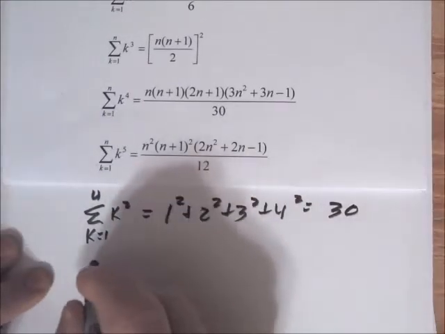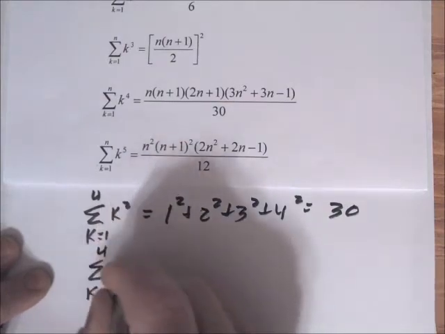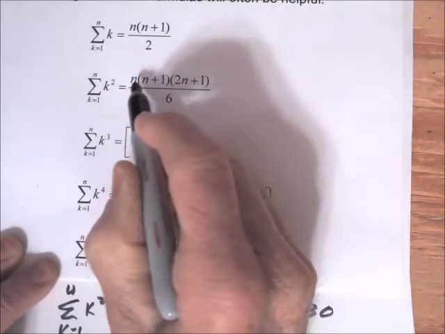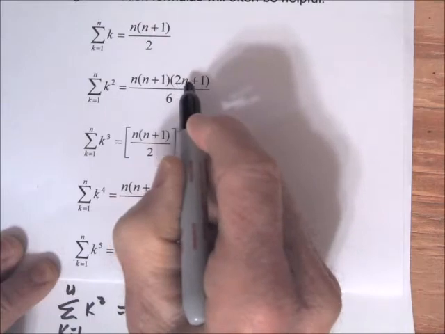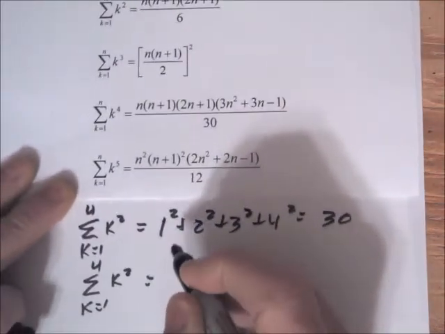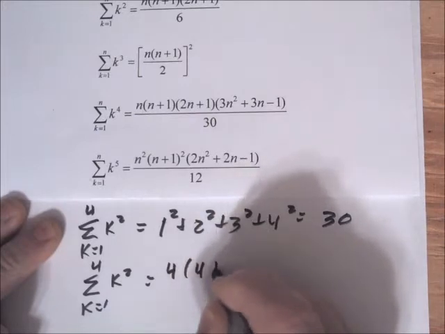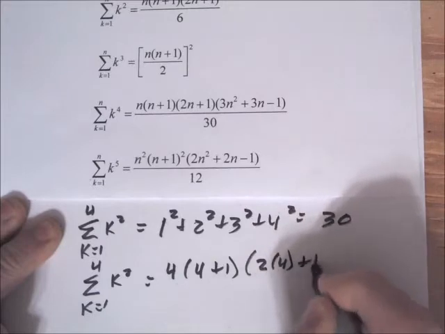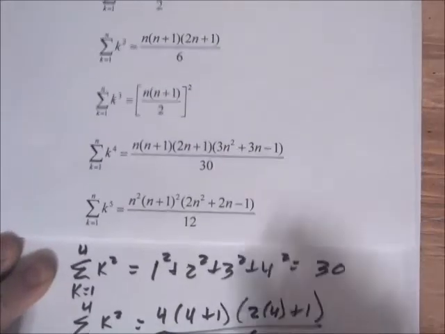But we could also use this shortcut formula. That's going to be 4 times the quantity 4 plus 1 times the quantity 2 times 4 plus 1, all over 6. So let's see if we can get the same thing. It should give us the same answer.